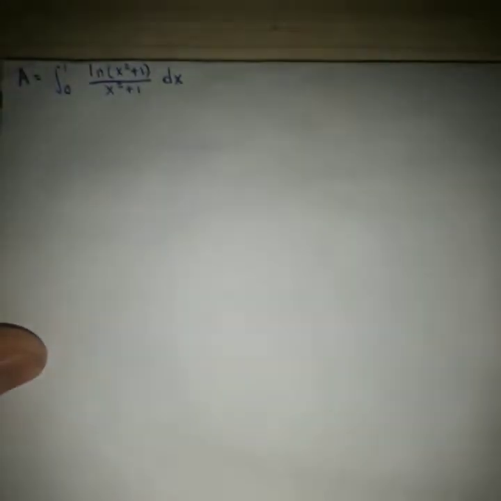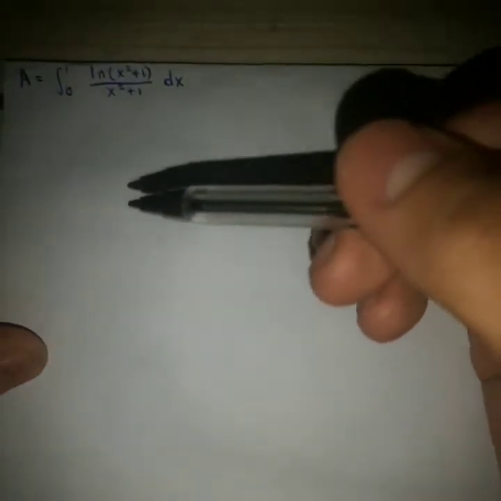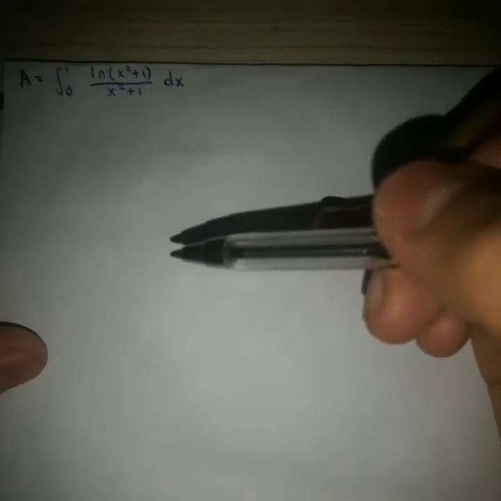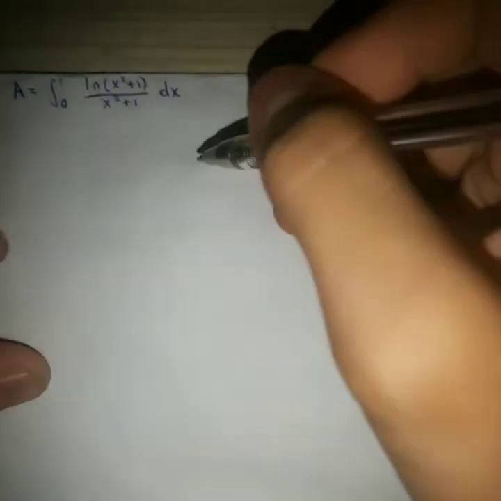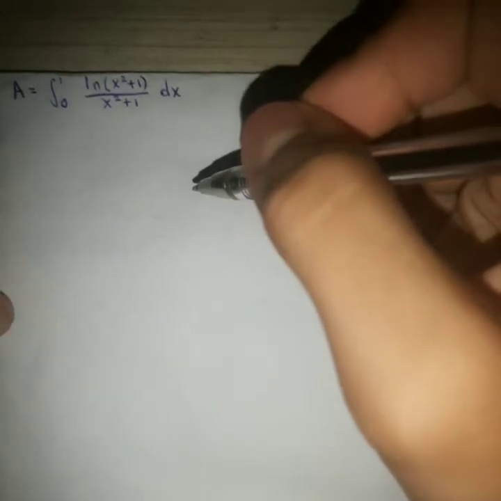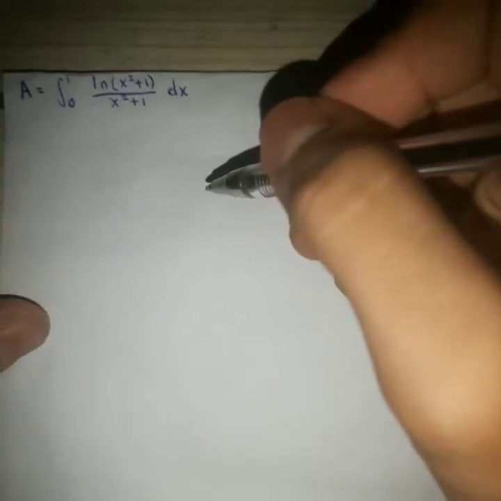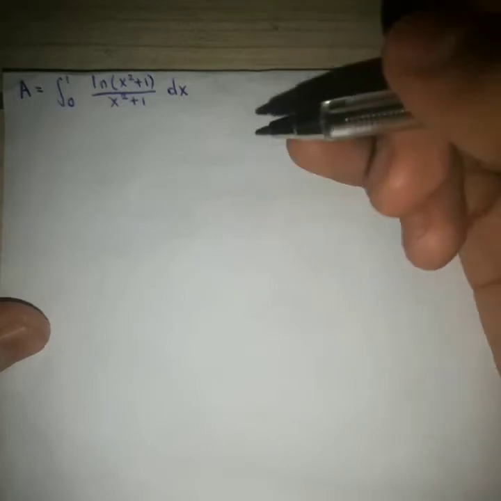We will be solving this integral problem such that A is equal to the integral from 0 to 1 of ln((x squared plus 1) over (x squared plus 1)) dx. So, to begin solving this problem, we will do some substitution, or trigonometric substitution in particular.